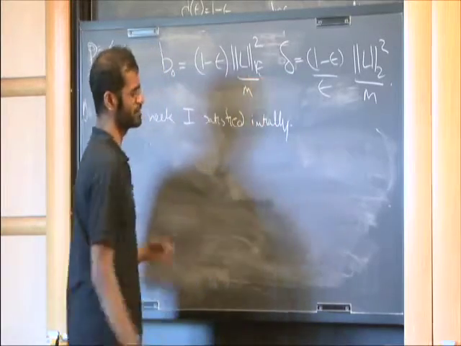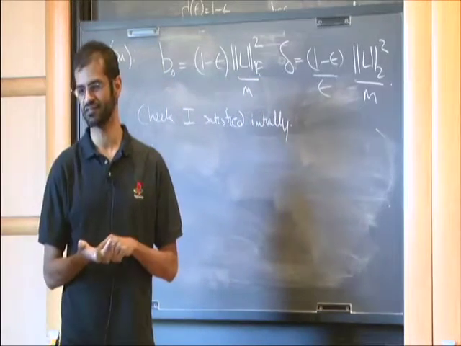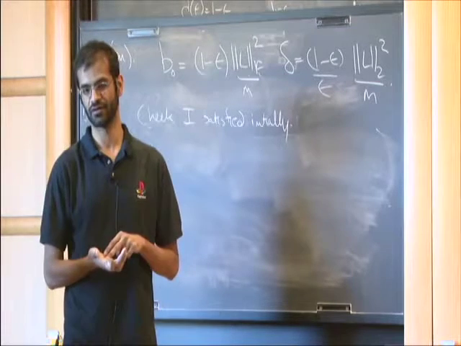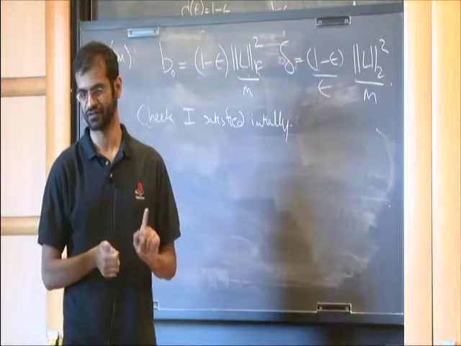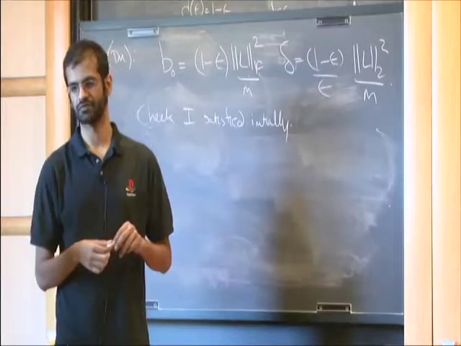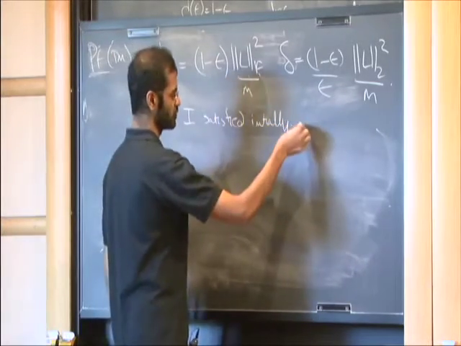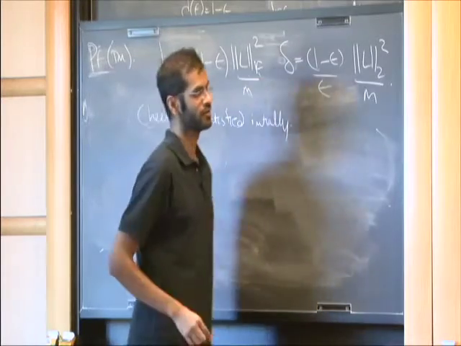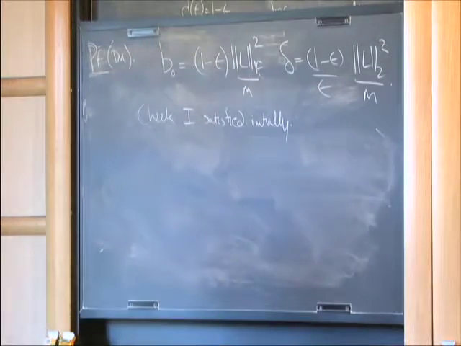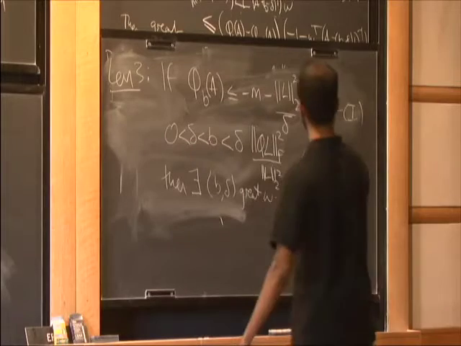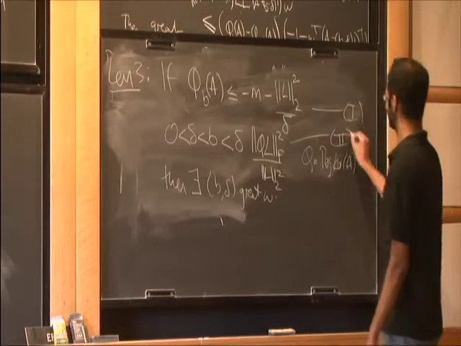I need to do two things: that 2 is satisfied initially, and that 2 comes for free, as 2 is always maintained if it's satisfied initially. So here's why. Do you want me to do this? Which one is 2? 2 is this thing.